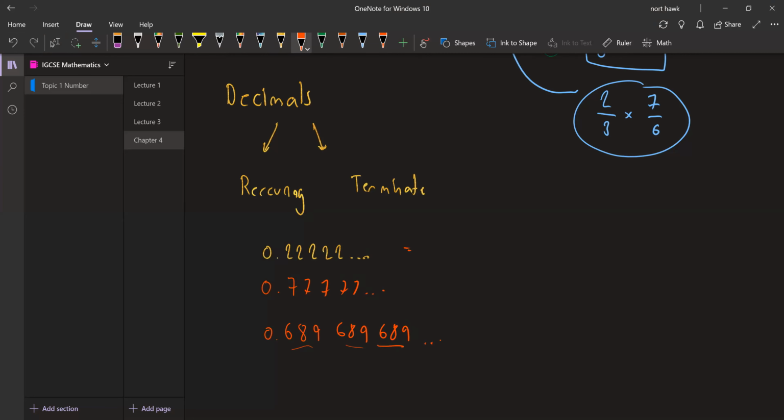The shorthand notation for it is 0.2 with a dash on top, 0.7 with a dash on top, and 0.689 with a dash on top. Or it could also be written as 0.689 with 2 dots representing the beginning and the ending.